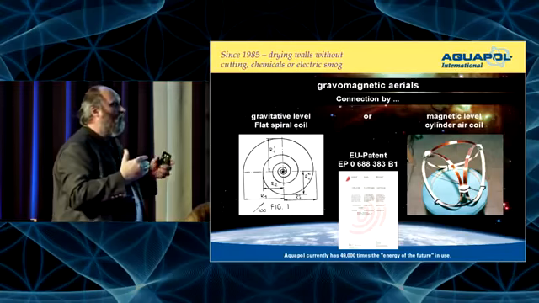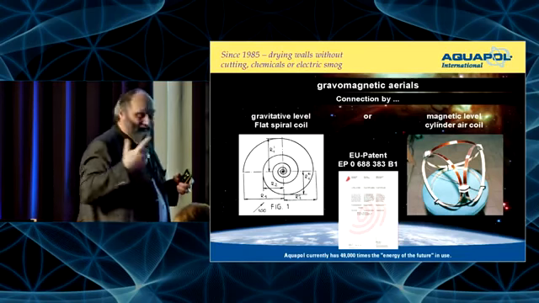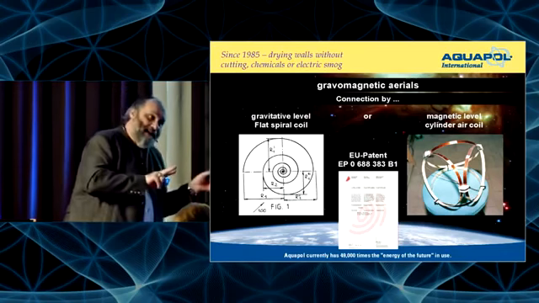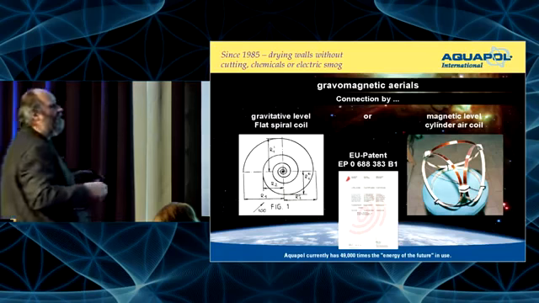You can receive it with this rod antenna, the radio antenna, or you can go to the magnetic level with a magnetic coil. So you have 2 ways to receive this electromagnetic energy. And that is simple with this gravomagnetic energy.